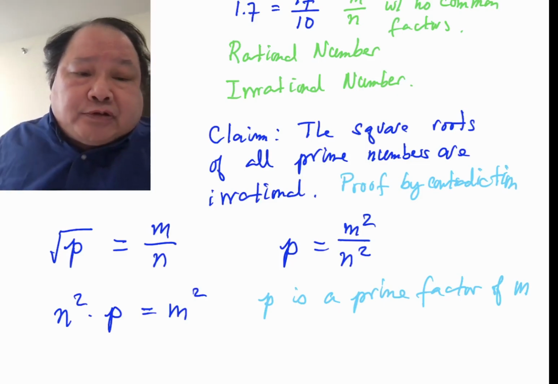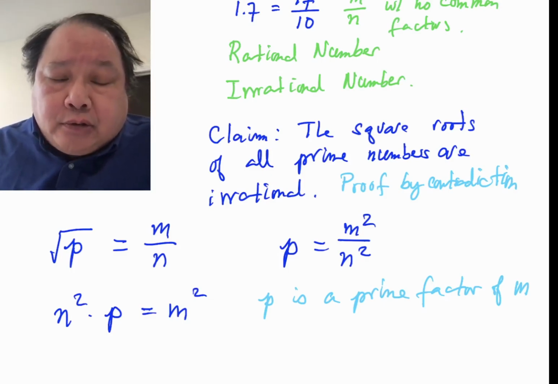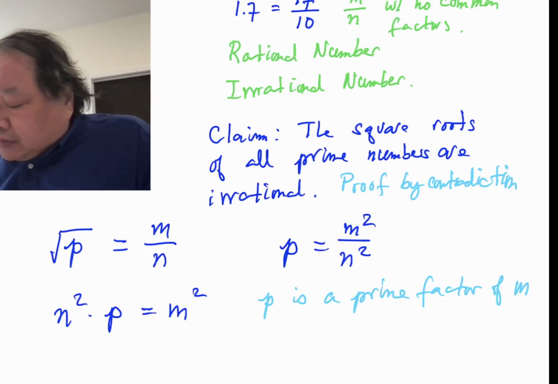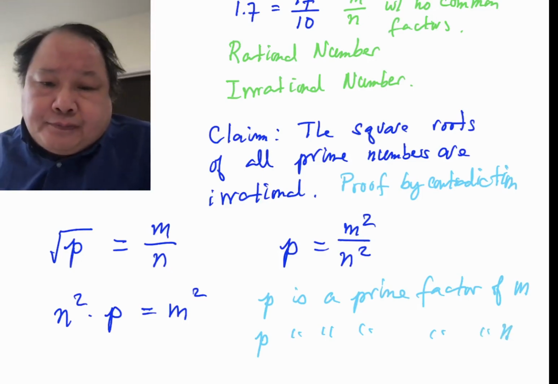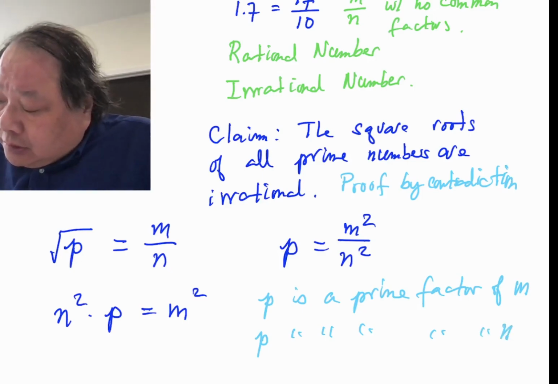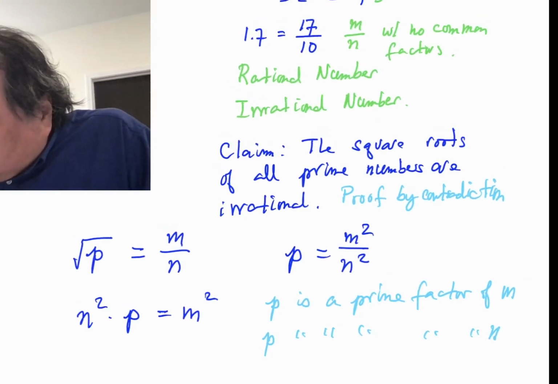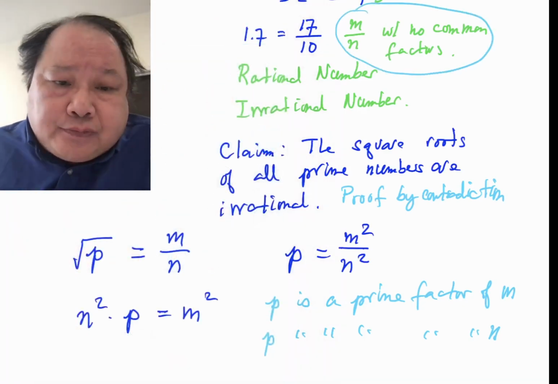One of the p's comes from the p. The other must come from the n squared. N must have p as a prime factor. P is a prime factor of n. But we assumed that m and n had no common factors.